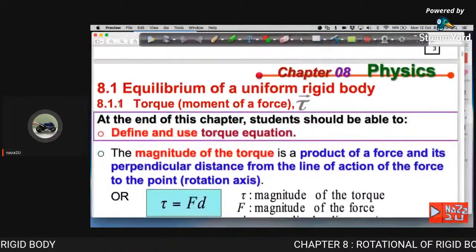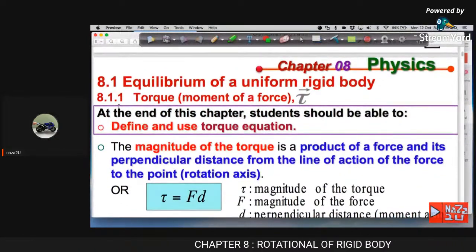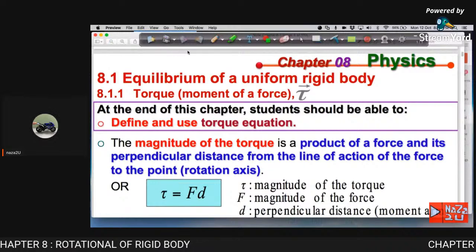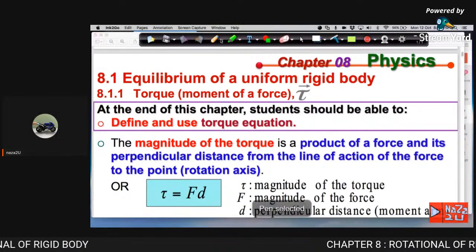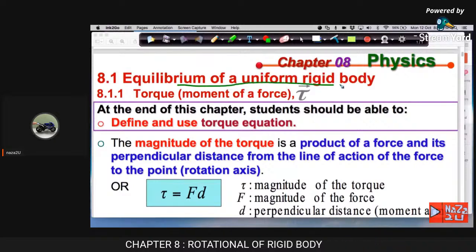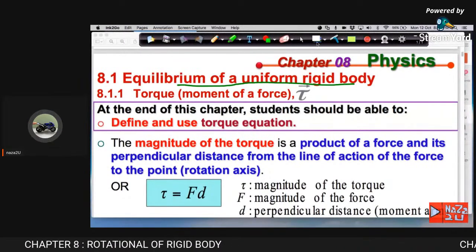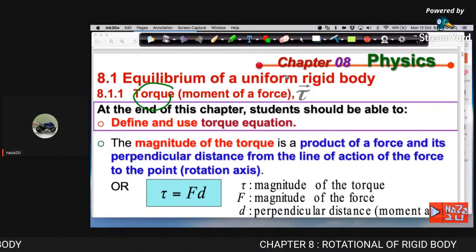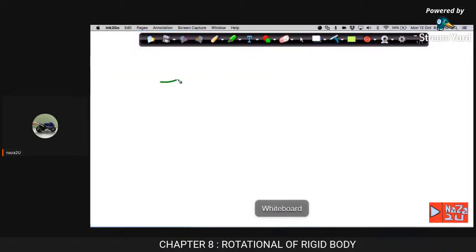We go to the first subtopic for chapter 8, which is equilibrium of uniform rigid body. So first we talk about the torque.